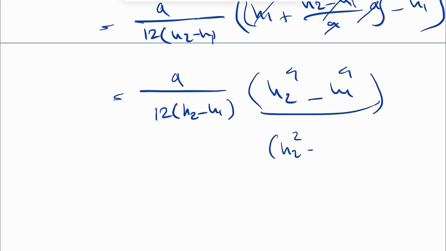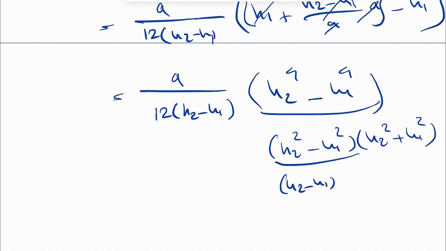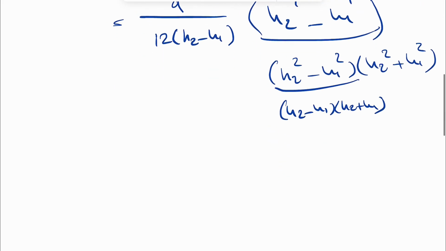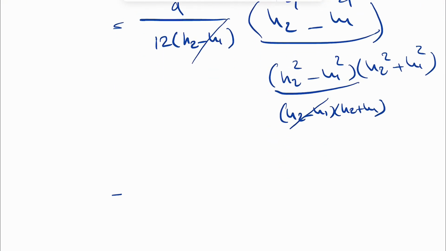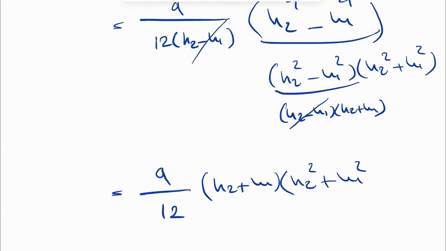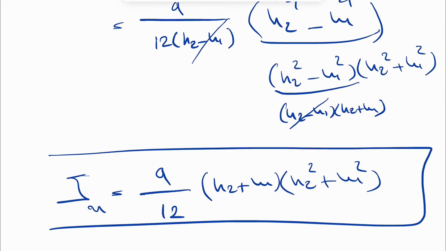So (h2 squared minus h1 squared) times (h2 squared plus h1 squared). And if we want to make this a bit simpler, this one is also (h2 minus h1) times (h2 plus h1), where we can cancel out these two, so we're going to have a over 12 times (h2 plus h1) times (h2 squared plus h1 squared). And that's going to be the moment of inertia about the x-axis.